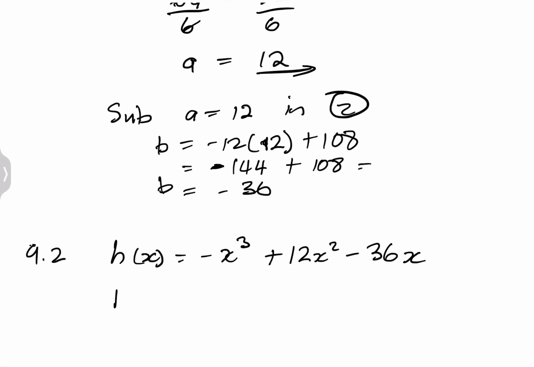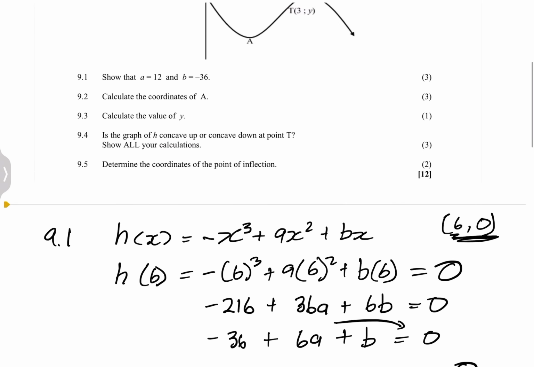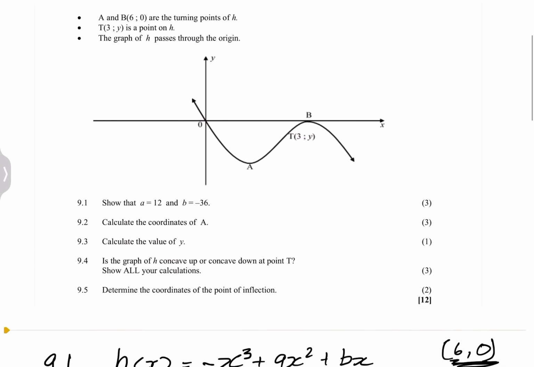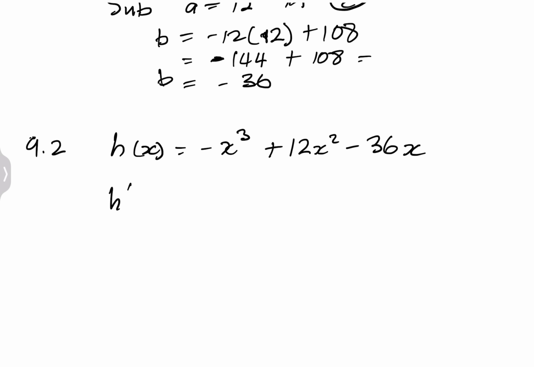So I'm going to take the derivative. Of course, in this case, I'm expecting that one of those values obviously will be at that value where x is equal to 6, was it? Our turning point that was given. Yes, x is equal to 6.